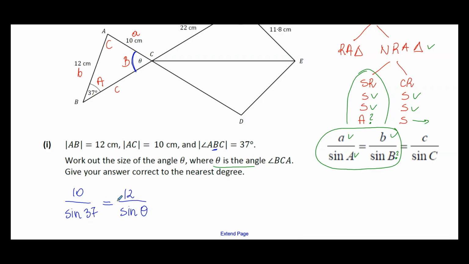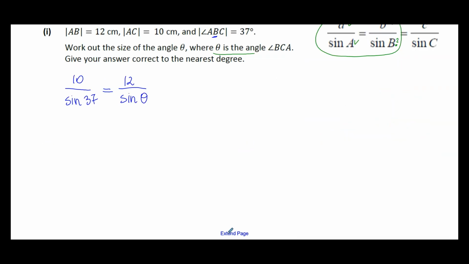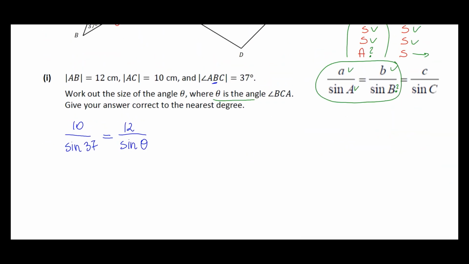Now, how do we solve fraction equals fraction? We can cross multiply it. That's one of the ways of doing that. So 10 multiplied by sin of theta will equal 12 multiplied by sin of 37. Now we want theta. Well, we actually don't want sin of theta, but for now, that is one item.